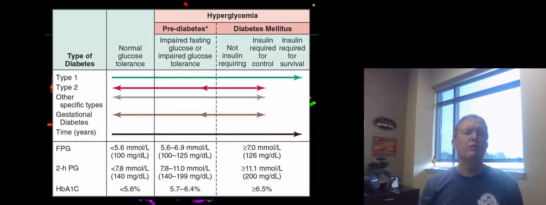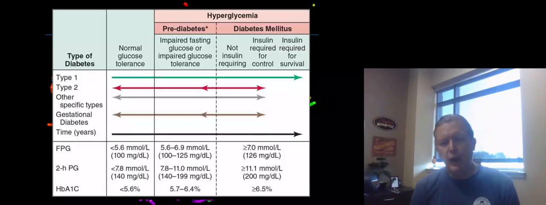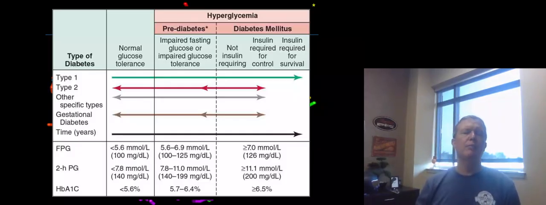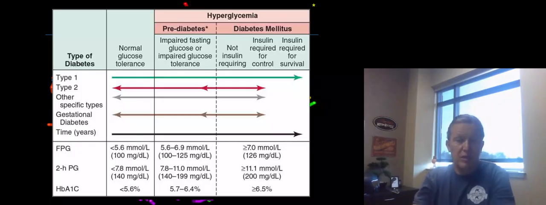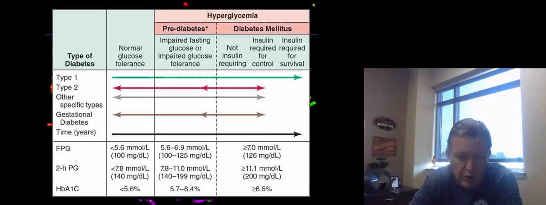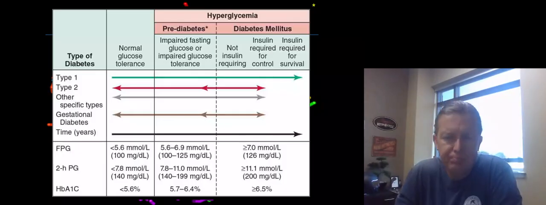Normal glucose tolerance is going to be in a fasting state around 100 or less milligrams per deciliter. A 2-hour response is around 140 milligrams per deciliter. It doesn't have to be right on that, just in that neighborhood. And then hemoglobin A1C would be less than 5.6.